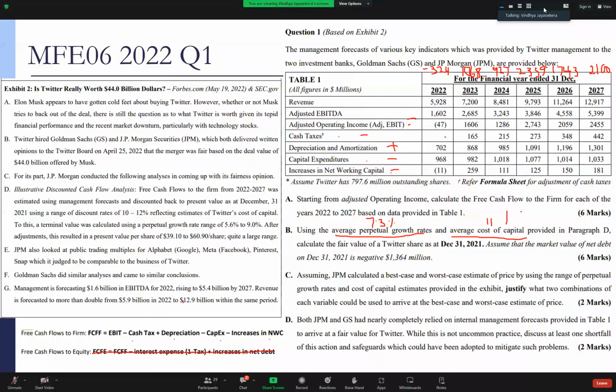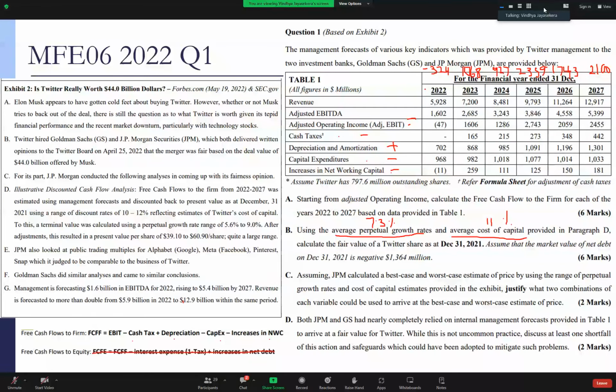2021. If you're calculating the value of Twitter as at December 31st, 2021, what is this year number? So you have one person talking, carrying the weight of the class. 2022 is here.